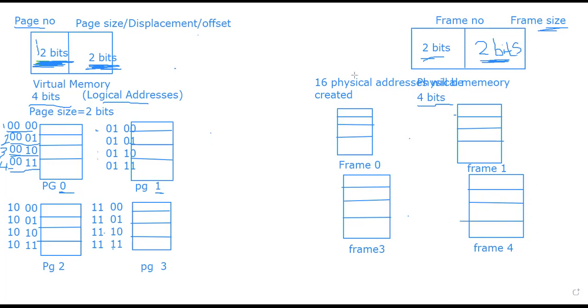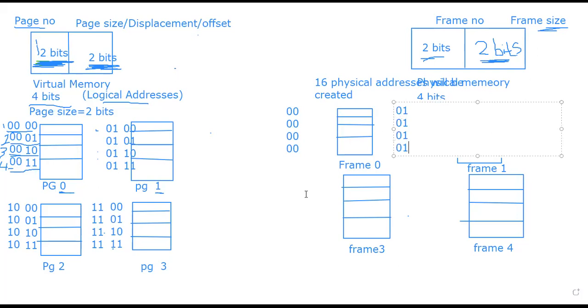Now we'll come to the frame number. This is frame 0. How do we write 0 in binary using 2 bits? 0 0, so 0 0 0 0. Now this is frame 1. Decimal 1 in binary using 2 bits is 0 1.